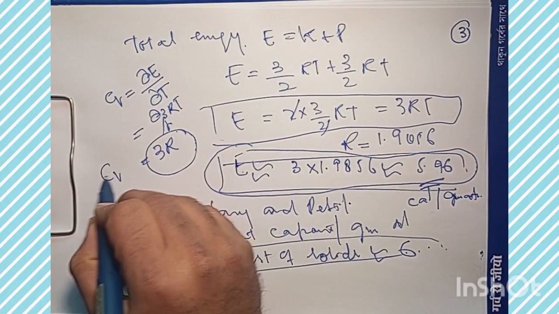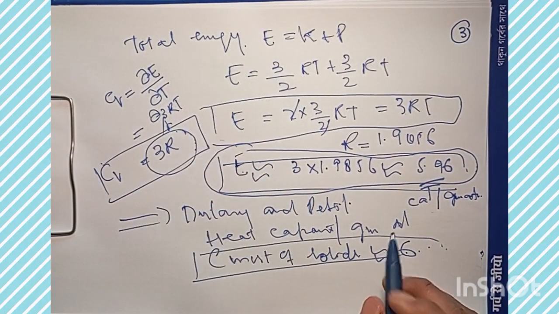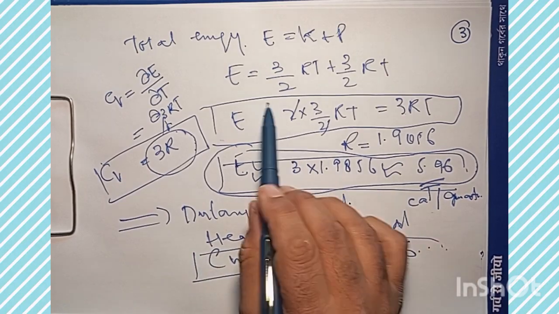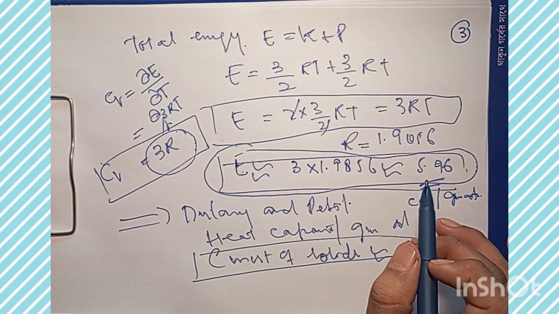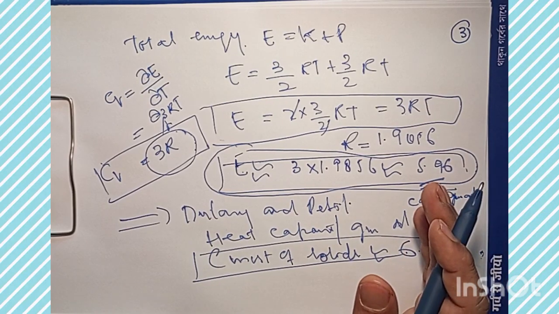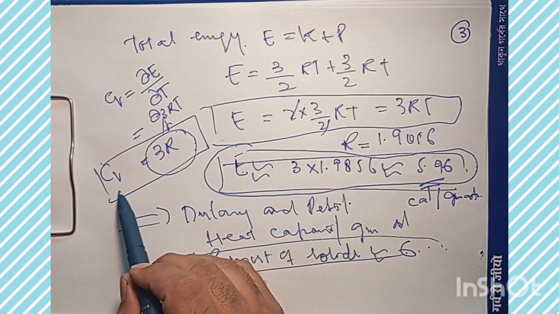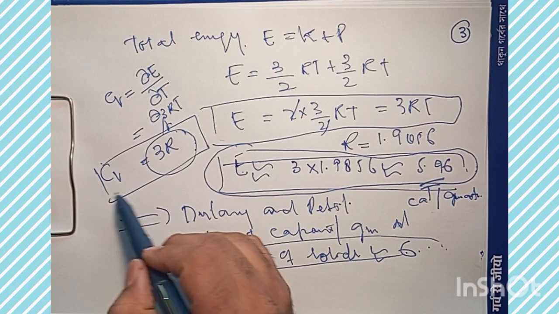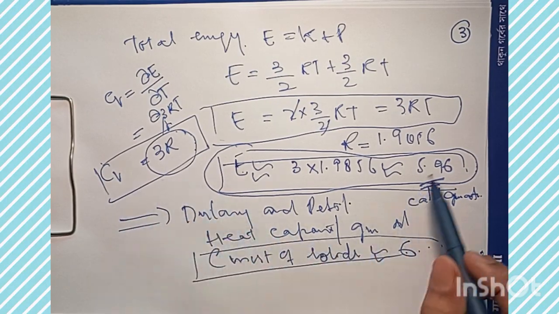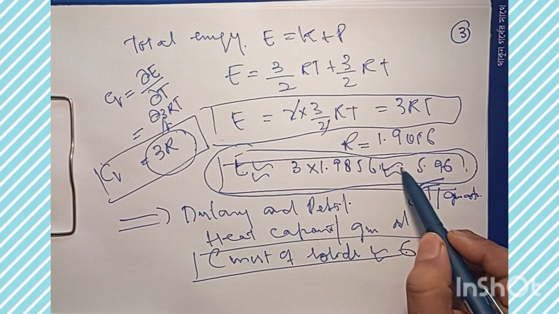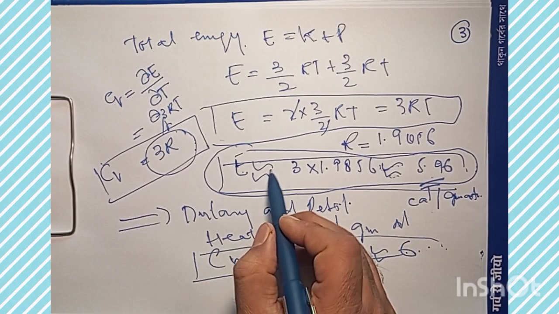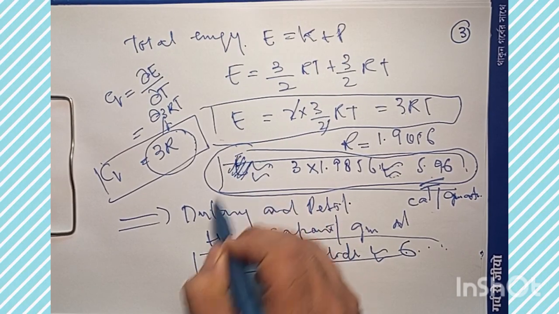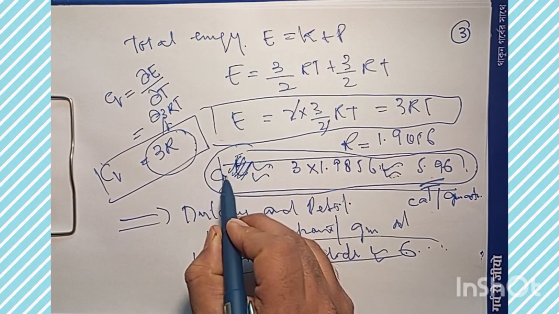So the specific heat, as we calculated from the basic assumptions using Boltzmann's average kinetic energy, of solids at constant volume is nearly coming out to be 5.96. So I think here I am committing a mistake. This is CV.